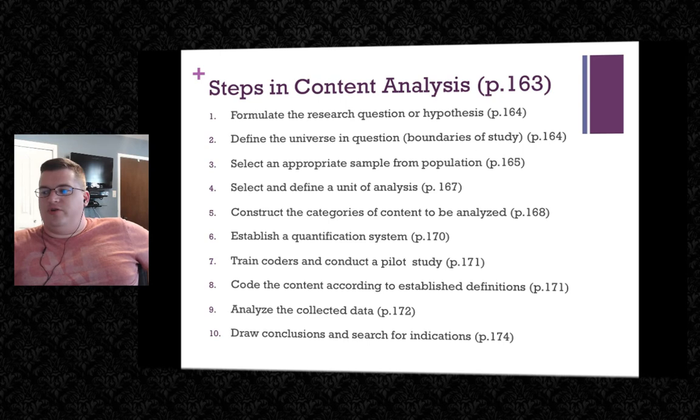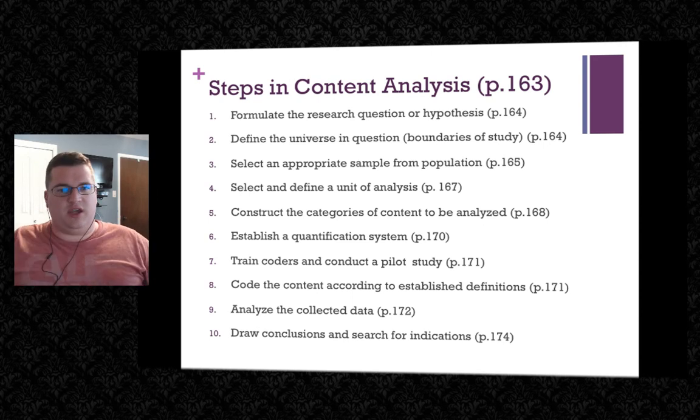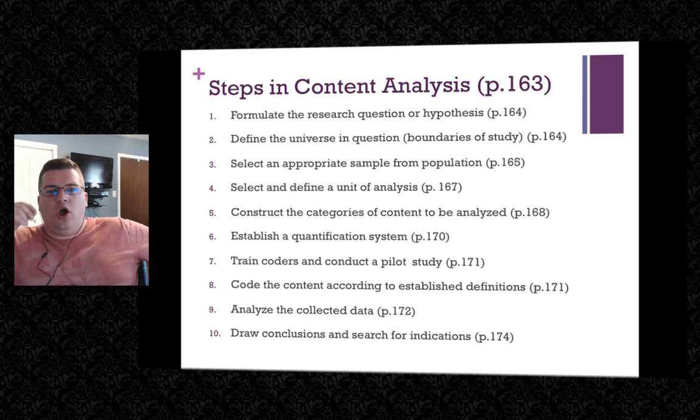Are we going to use paper, or are we going to use a computer system? Are we going to create different categories that will all be quantified separately, or are we going to be pooling results? All of these are things to consider when you're talking about your quantification system.